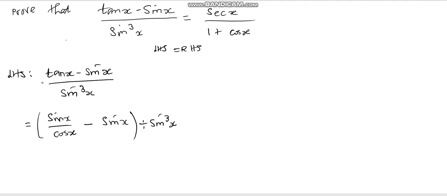Then on the numerator here we make it a single fraction. We have the common denominator, which is going to be cos x. Then cos x into cos x, we get 1 times sin x, we simply get sin x. Then sin x over 1, so 1 into cos x we get cos x, multiplied by sin x, we get minus sin x cos x.